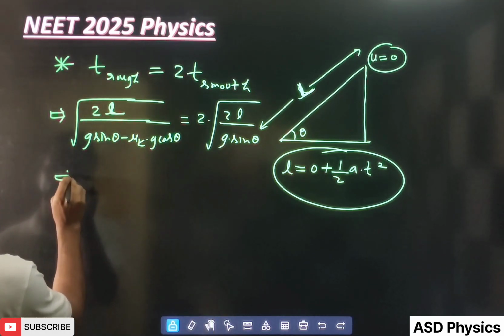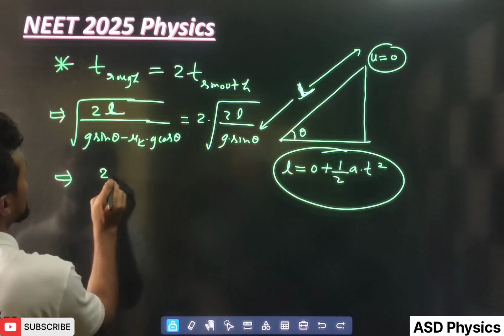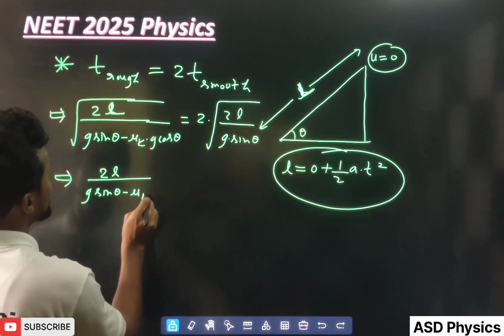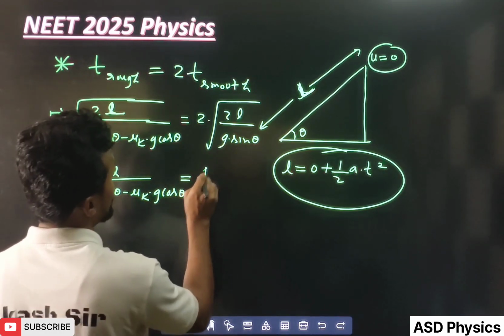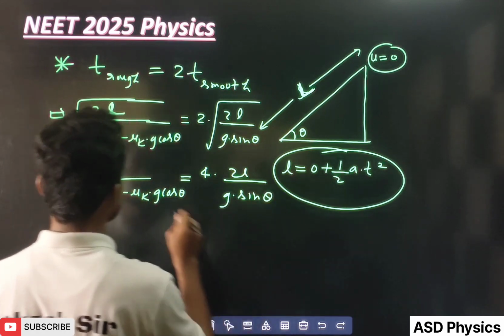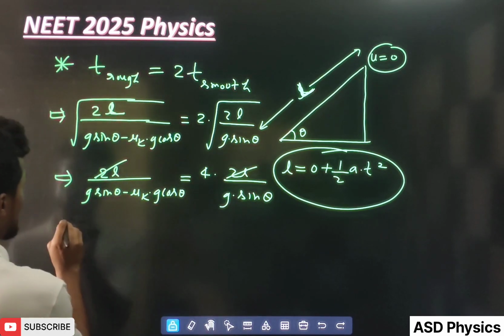Now students, just take the square on both sides. So 2L by g sin theta, we have to just solve it, 2L by (g sin theta minus mu k g cos theta) is equal to 4 into 2L by g sin theta. Then this 2L and this 2L cancel, and we can simplify.